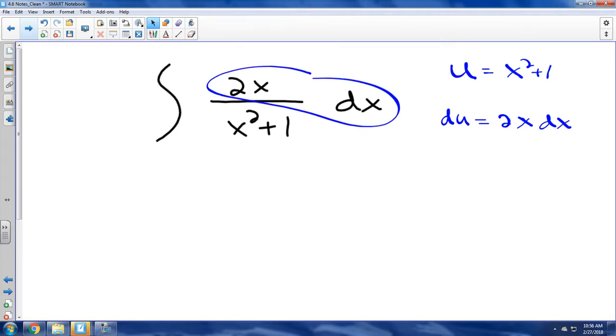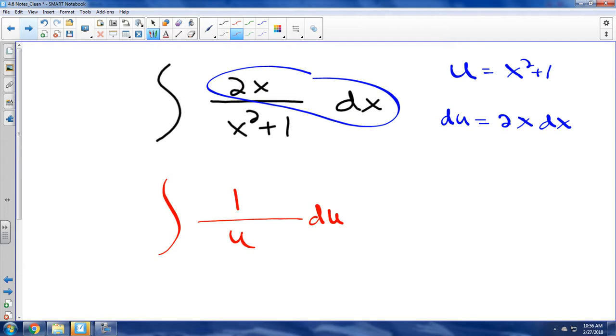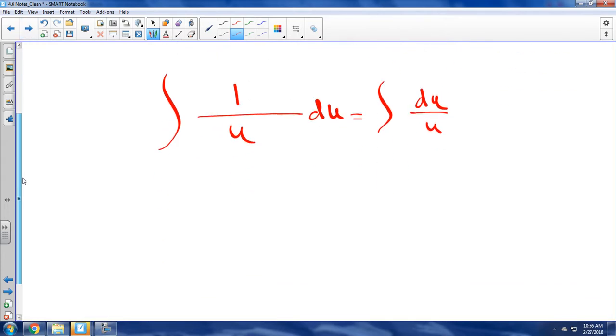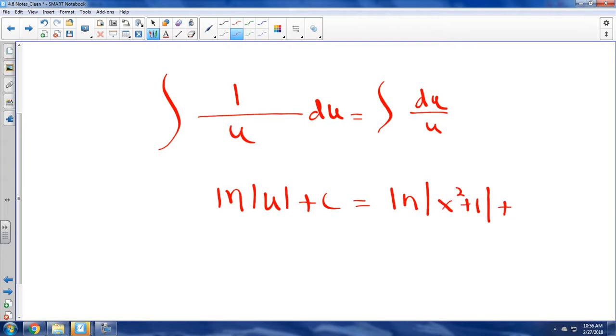Now you can write the integral of something over u, and really it's 1 over u times du, or du over u, whatever way you want to look at it. When you integrate that, just like when you integrate 1 over x, you get ln of the absolute value of u plus c, which of course needs to be put into x's. So that's ln of the absolute value of x squared plus 1 plus c.